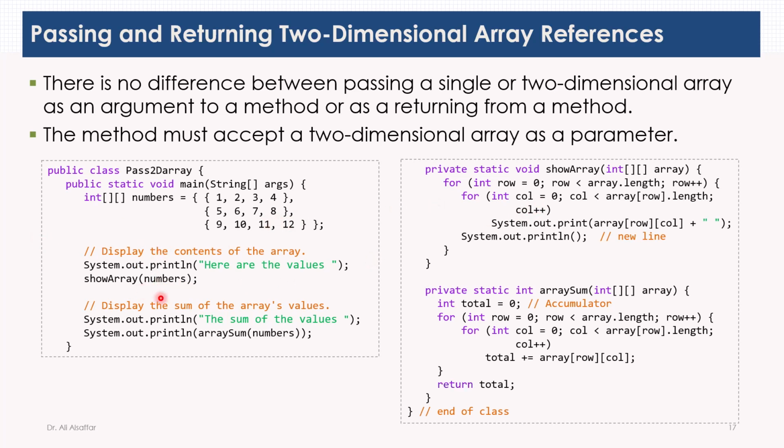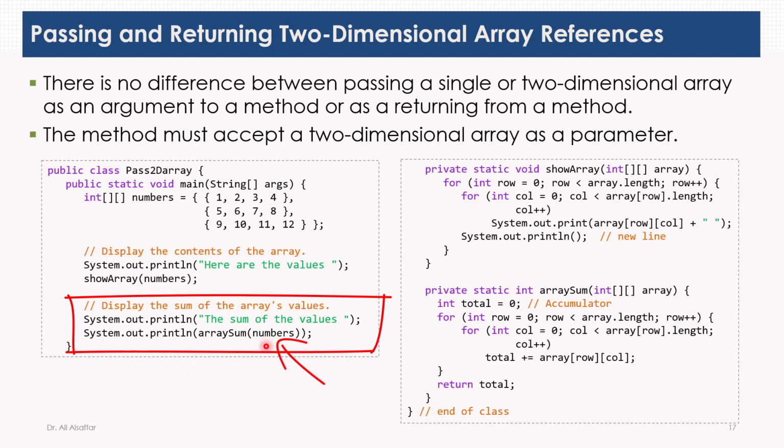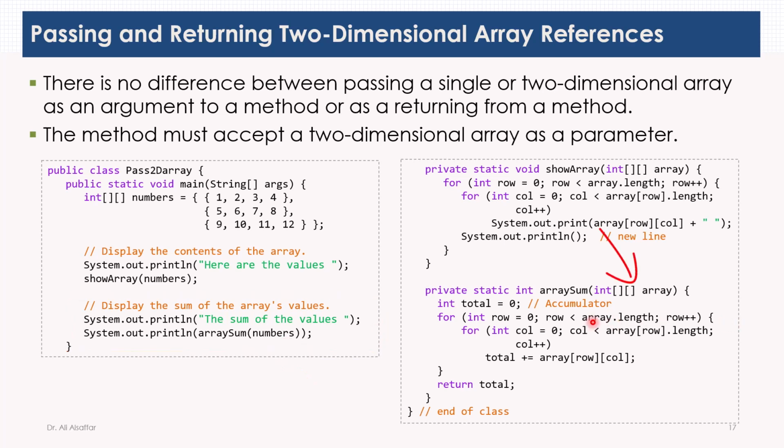And to call the other method to find the sum of all elements of the two-dimensional array, you simply call the name of the method and you pass the two-dimensional array as an argument. Notice how we are passing the two-dimensional array. You simply give it the name without any square brackets. And notice how we are defining the formal parameter for the method arraySum. It is defined as a two-dimensional array of integers.